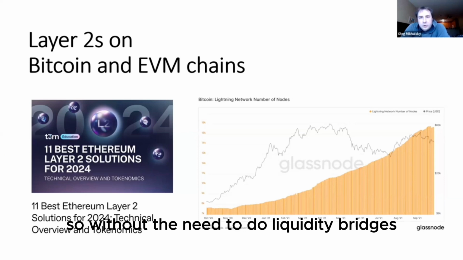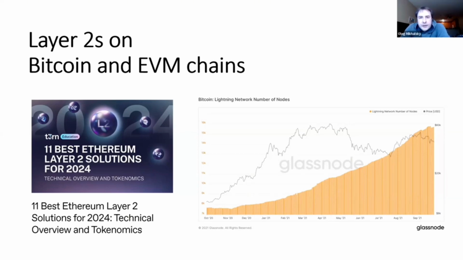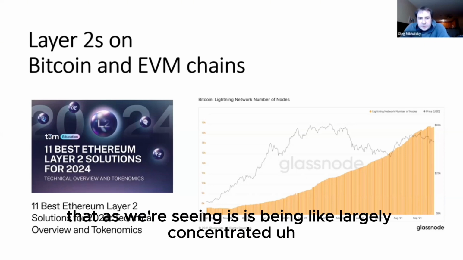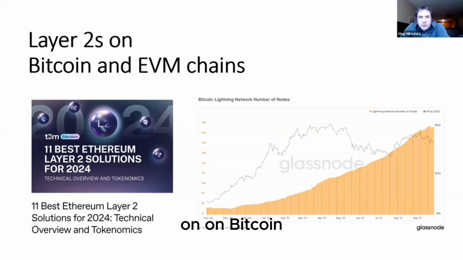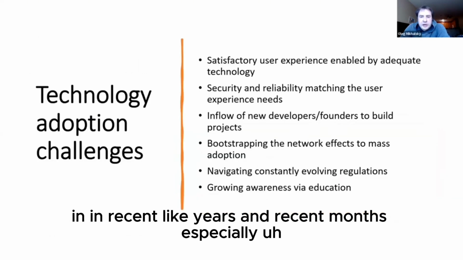So without the need to do liquidity bridges or sophisticated smart contract logic, to access global liquidity that, as we're seeing, is being largely concentrated on Bitcoin in recent years and recent months especially.